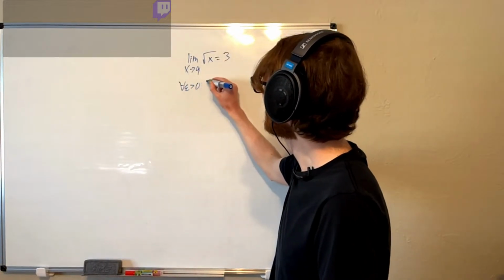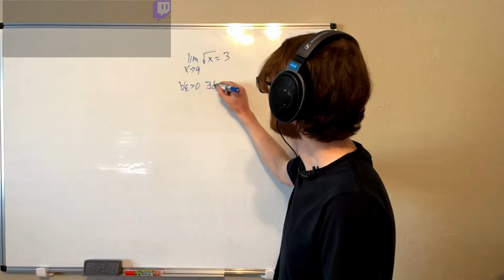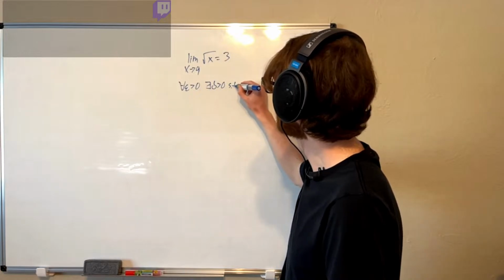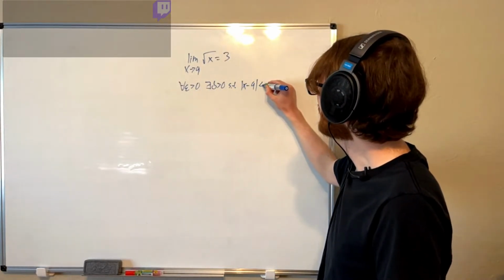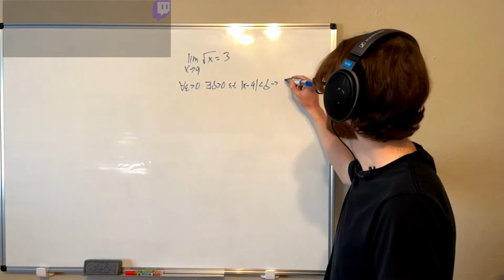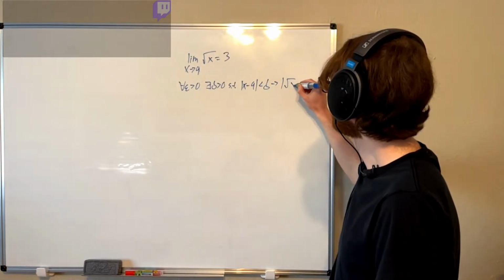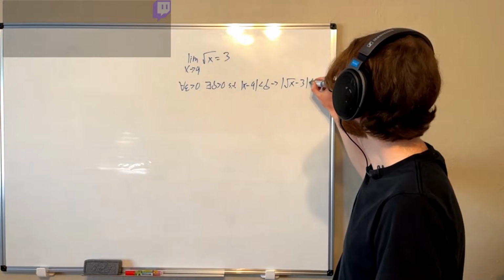For all epsilon greater than 0, there exists a delta greater than 0 such that the absolute value of x minus 9 is less than delta implies absolute value of root x minus 3 is less than epsilon.